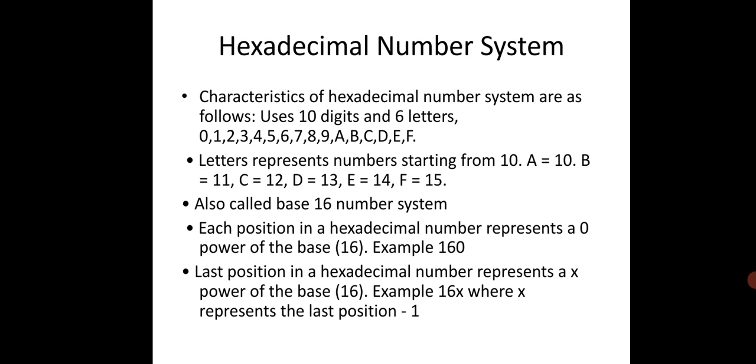We are using 10 digits and 6 letters in this hexadecimal number system. These 6 letters are denoted as 10 as A, 11 as B, 12 as C, 13 as D, 14 as E and 15 as F. And the base of this number system is 16, that means radix is 16.